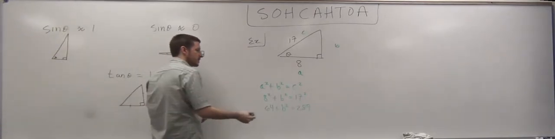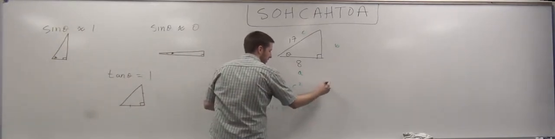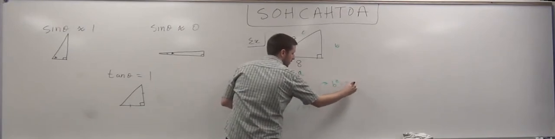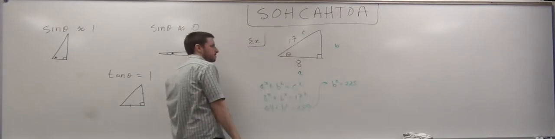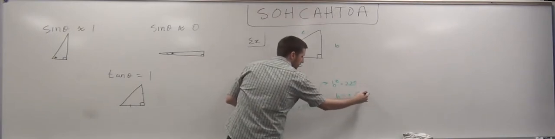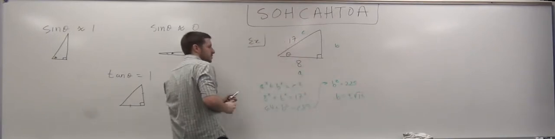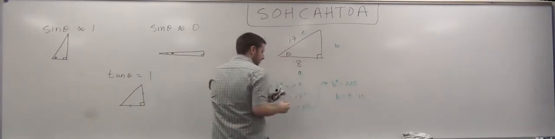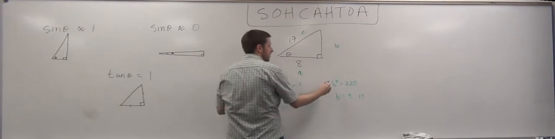Subtract the 64 over to the other side, and you'll get b squared equals 225. So b is equal to plus or minus 15. Remember, when you square root both sides, you usually get a plus or minus.